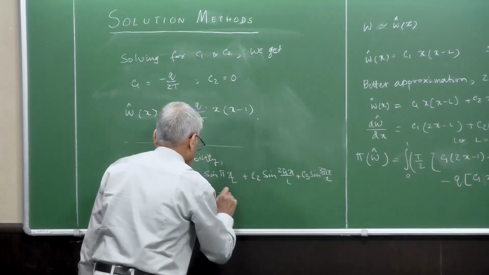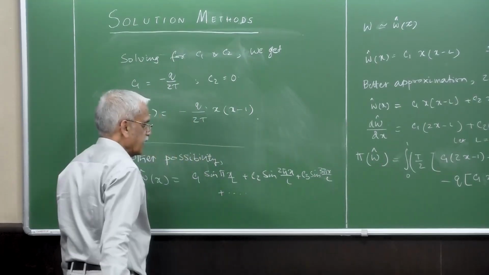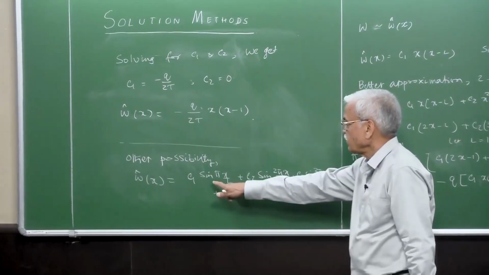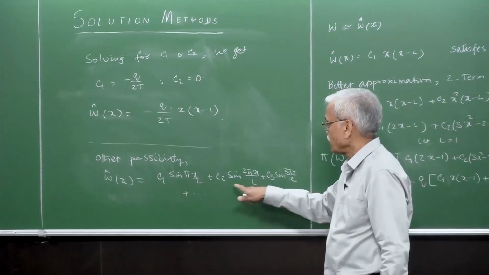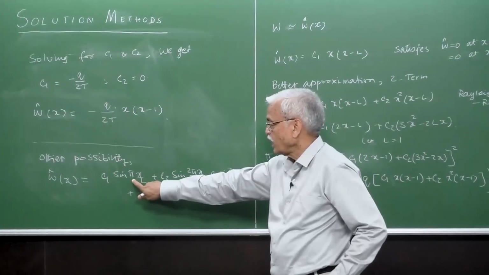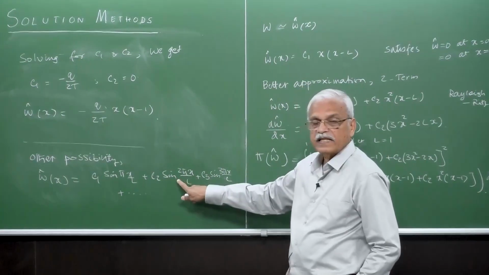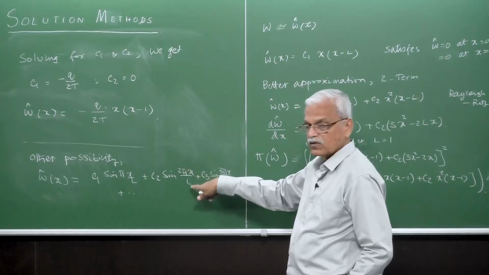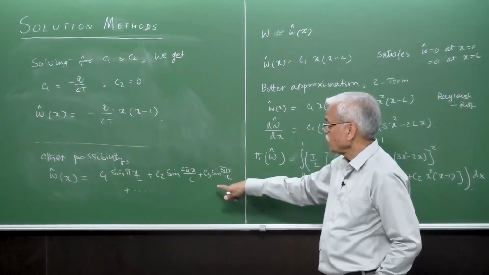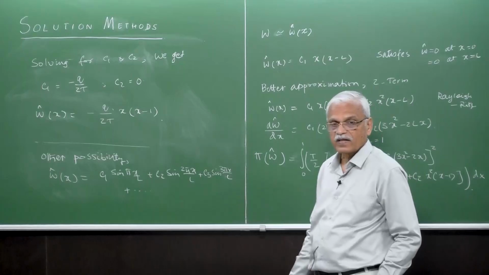So here again, the interesting aspect which you have to appreciate is that we are choosing the term sin pi x by L. Obviously, it is going to be 0 at x equal to 0 and L. Then we have chosen the next term sin 2 pi x by L. Exactly again, it is 0 at both ends, and likewise for higher and higher order terms.